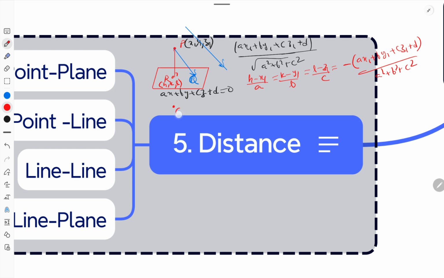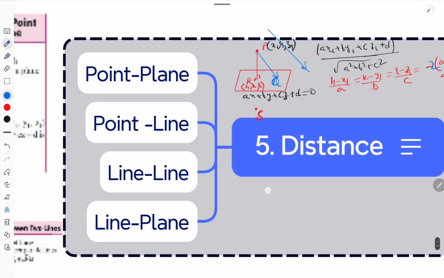Similarly, if you want the image, you take minus 2 times of that, same as in 2D, but here you will have the third coordinate. So these are the things about a point and a plane.